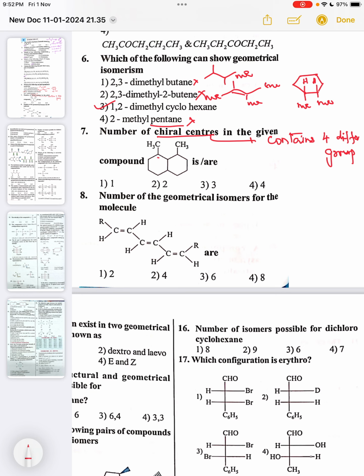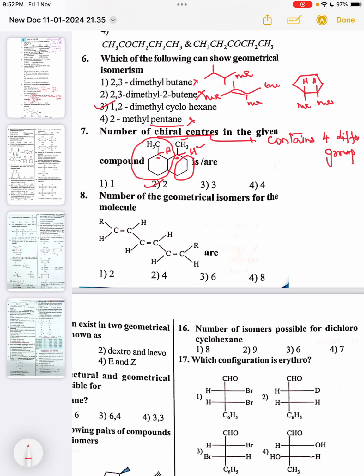So here this carbon is having 4 different groups, and this is also having 4 different groups. Why? Because here one more is hydrogen. To satisfy tetravalence, you have to write hydrogen, right? So hydrogen is one group, methyl is one group, and this part is one group, and this part is one group. Total 4 different groups are there. So like that, 2 chiral centers are possible.